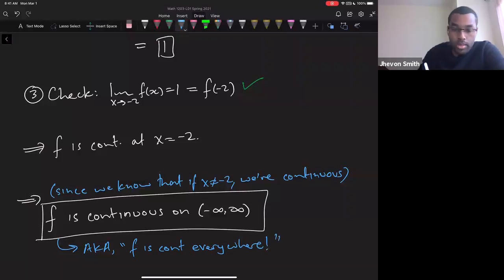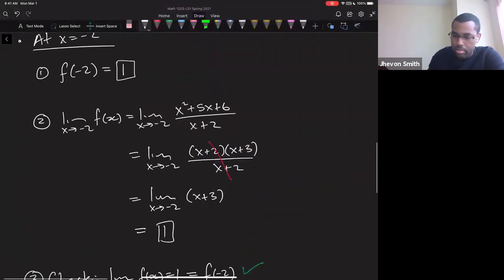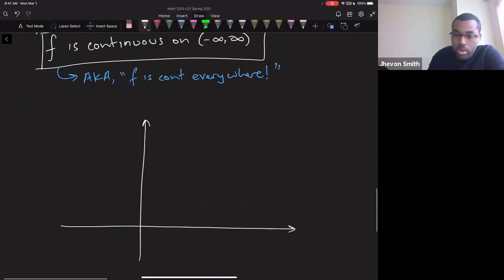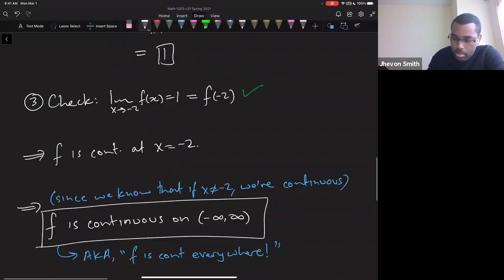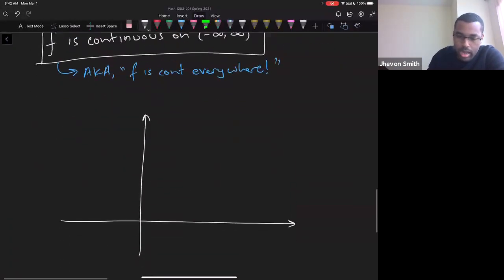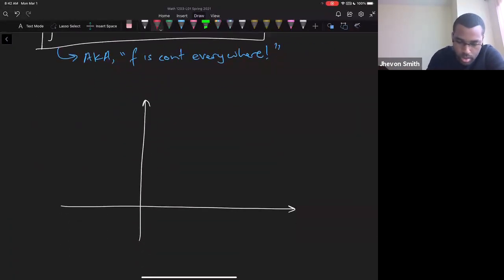So yeah, this function is continuous, and pretty much a very similar thing happened to the last example. The idea was this function actually behaved like y equals x plus 3 most of the time, except when we were at -2. So there was a hole here.